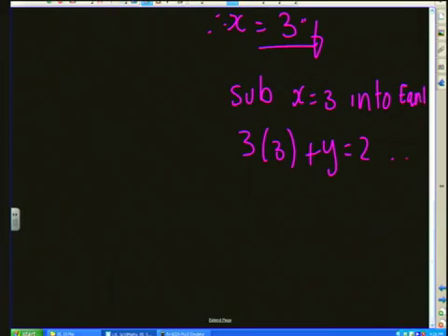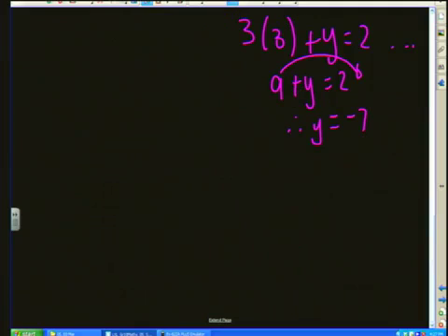So remember, this was equation 1 that I substituted into. So therefore, I'm going to get 9 plus y is equal to 2. Therefore, y is equal to negative 7. Just take your 9 over to the right-hand side. So therefore, my answer here is x is equal to 3 and y is equal to negative 7.